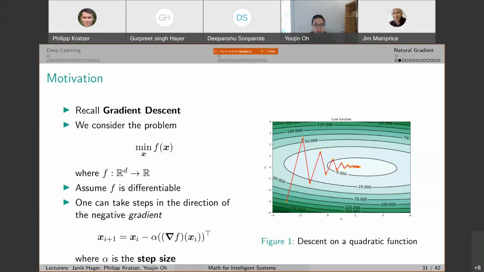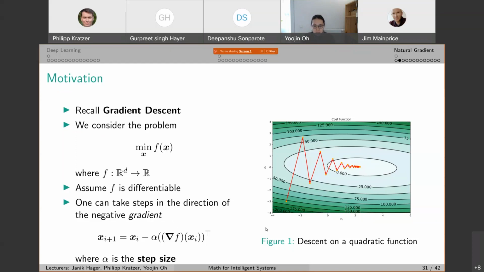When we assume this function is differentiable, we can take steps in the direction of the negative gradient, and that's what gradient descent is. So we take small steps in the direction, with the size of the gradient of the function.